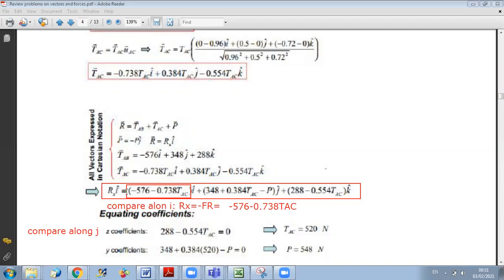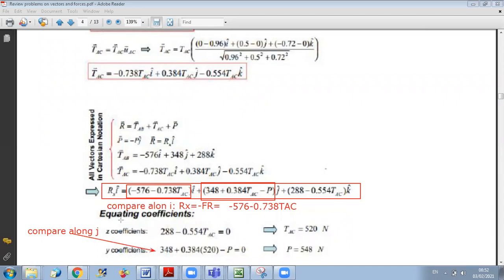From the other side, what is the component along J? It is 348 plus 0.384 TAC minus P. So the comparison along J will give you a relation between TAC and P, but it's not enough because I didn't yet calculate TAC or P. So I need an additional equation.